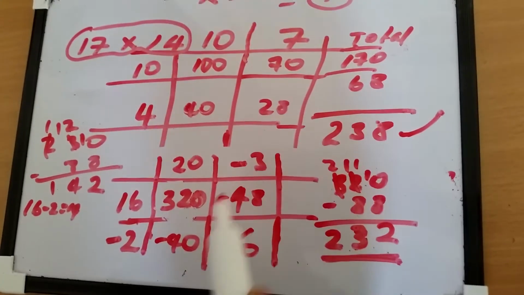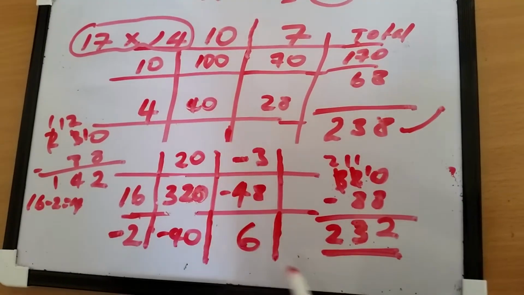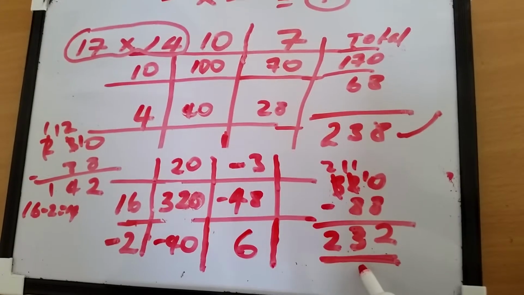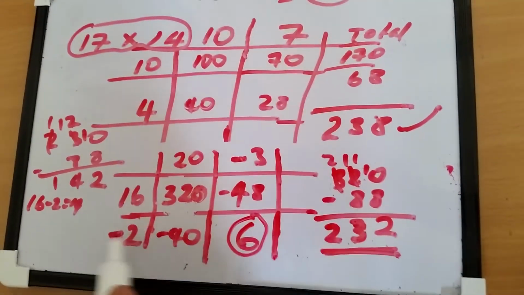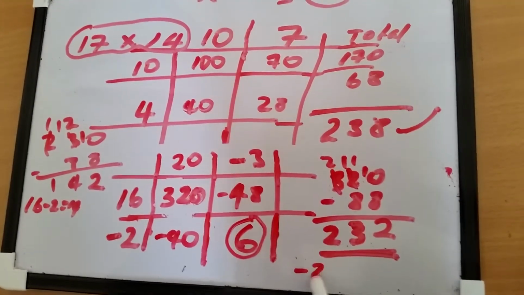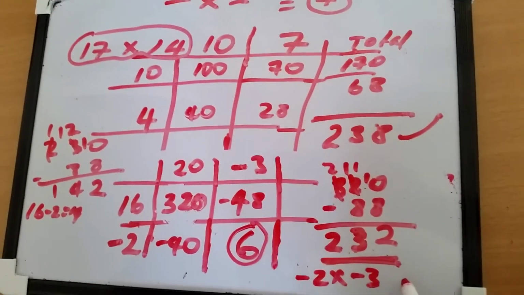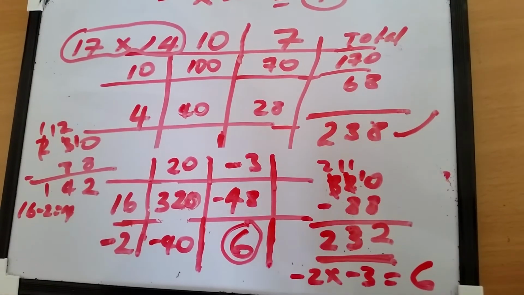So we are forced to accept that in order to get this number, which we need to add to 232 to make 238, it must be 6. And the only two numbers that can give us 6 is -2 times -3. So we're forced to accept that a negative times a negative equals a positive.